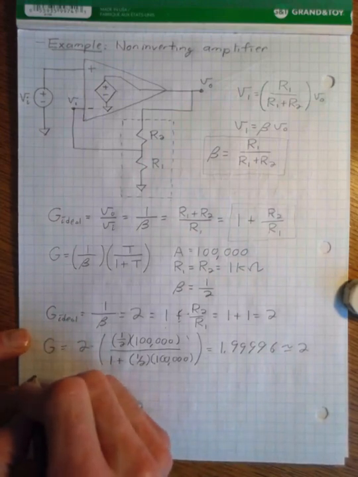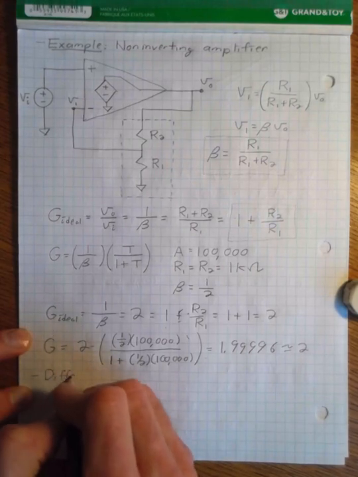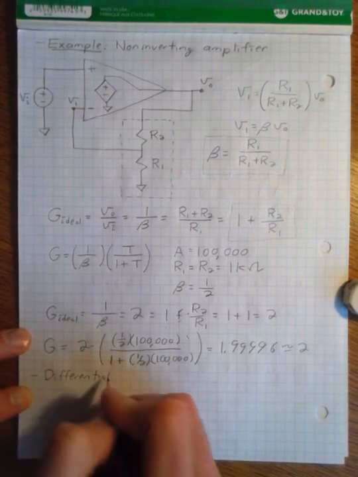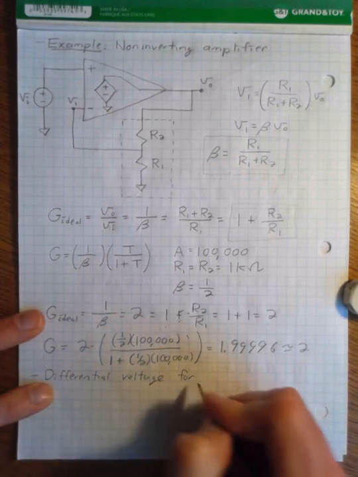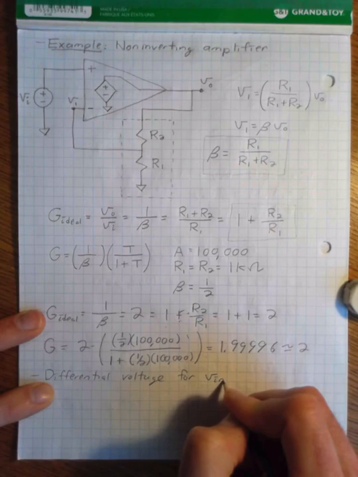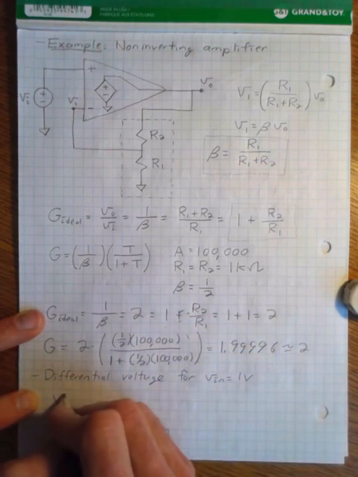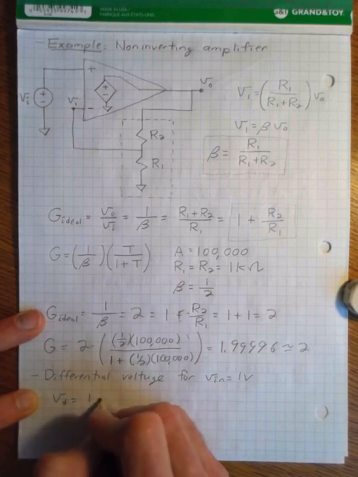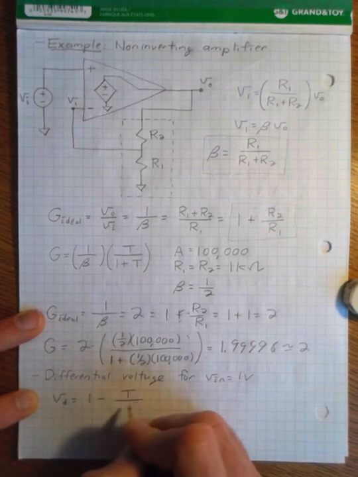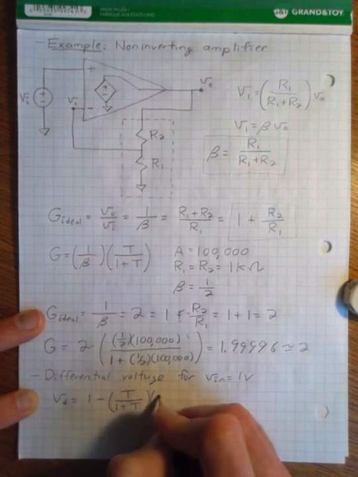And finally, let's take a look at our differential voltage, for an input voltage of 1 volt. So our differential voltage is equal to 1 minus T over 1 plus T times 1.